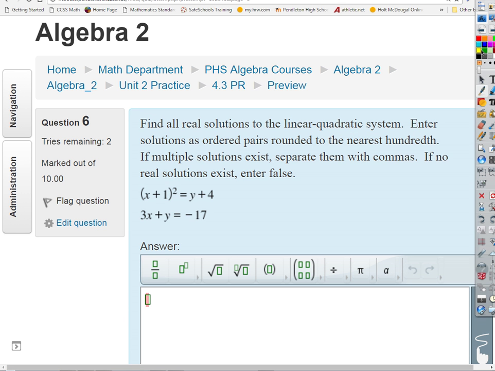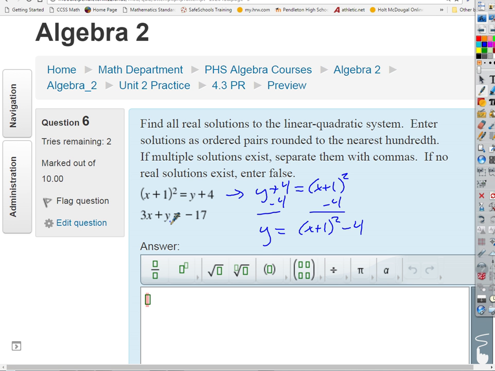So let's flip this around: put the y plus 4 on the left side and the x plus 1 squared on the right side. Then I subtract 4 from both sides and get y equals x plus 1 squared minus 4. So there's my first one. Second one, all I have to do is subtract 3x from both sides.